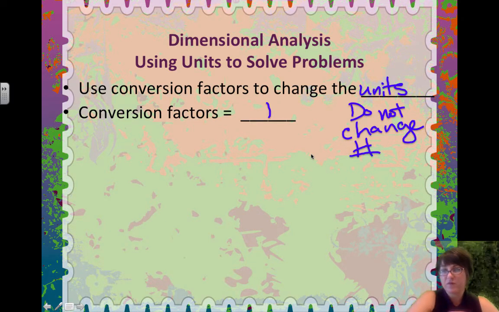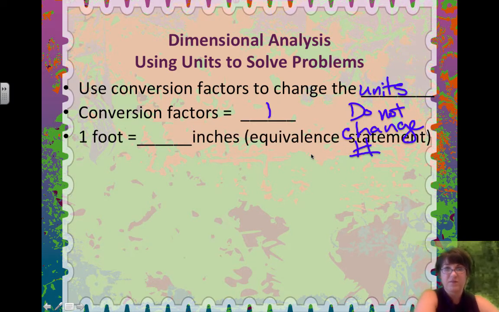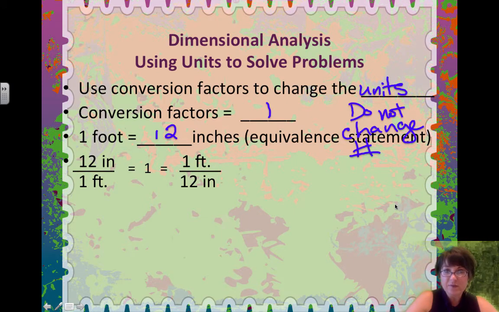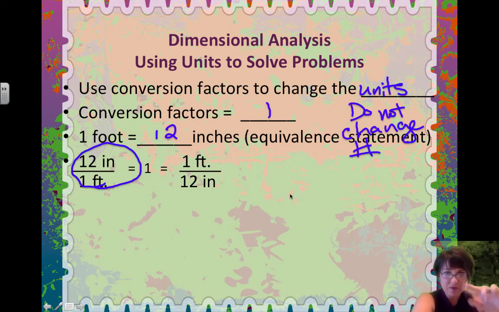For everything to be equal to 1, we need an equivalent statement first. Like 1 foot is equal to 12 inches. That means if you have a number divided by itself, 12 inches is equal to 1 foot. They're exactly the same, so that means that division is equal to 1. And I could flip it over and it's still equal to 1.